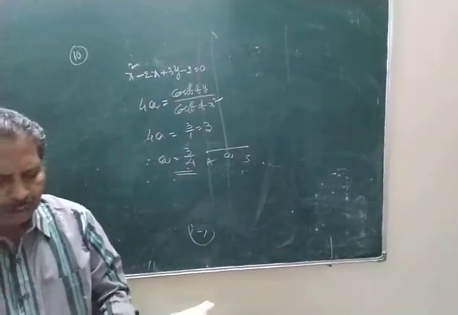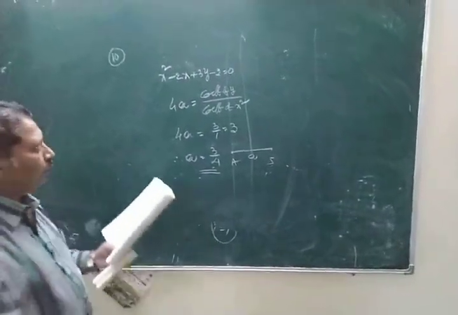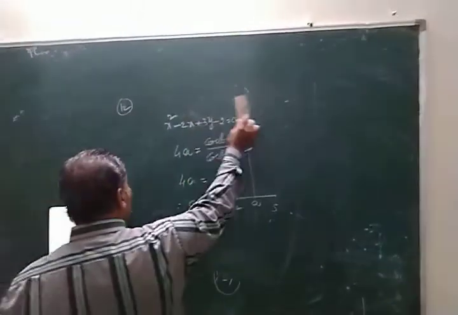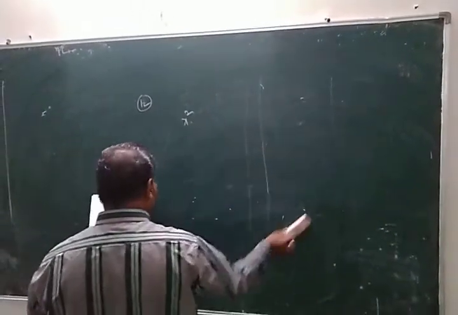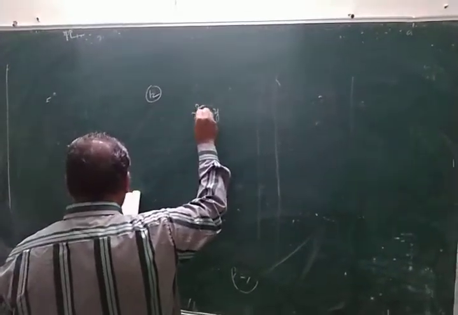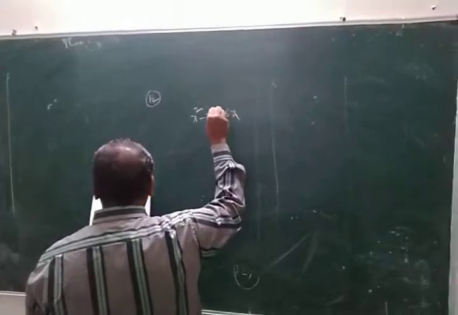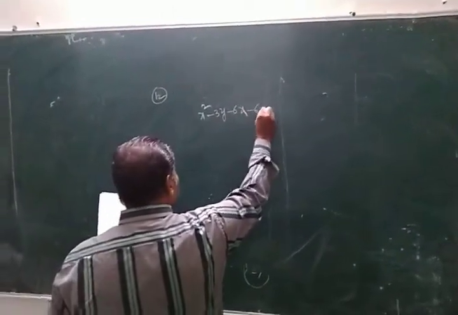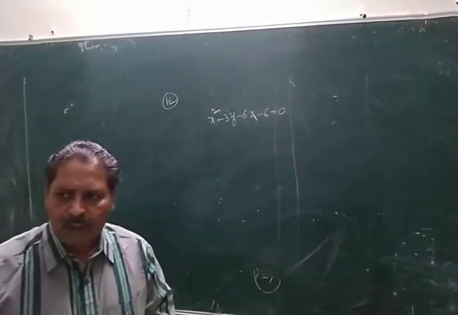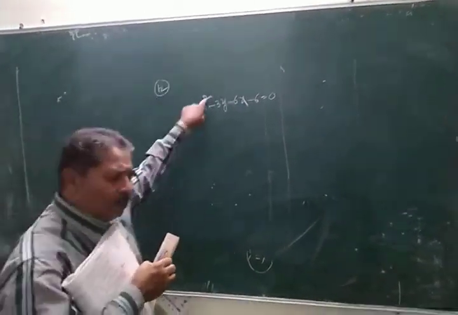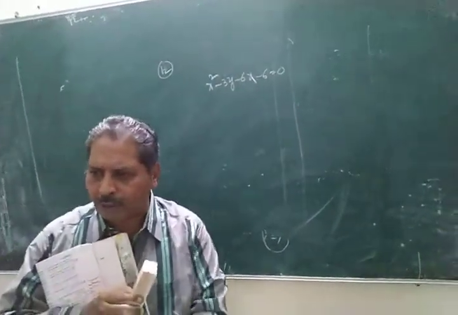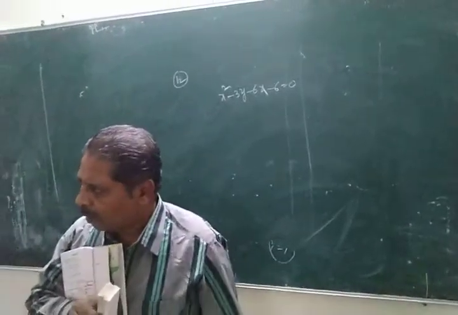Next, bit number 12. Equation of the axis of x square minus 3y minus 6x plus 6 equal to 0. This is an x square parabola. So equation of the axis is ∂f/∂x equal to 0. Write that one.